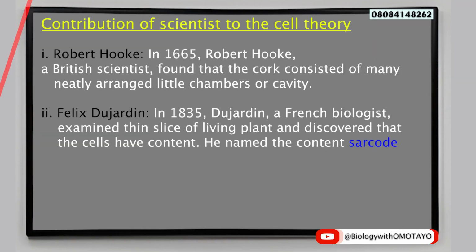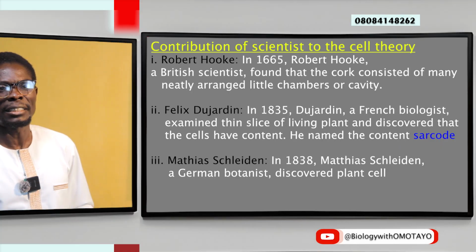And this very work of Dujardin was carried out in the year 1835. Okay, he discovered contents in the cell, and he went on to name it sarcode. Afterward, we have Mathias Schleiden.